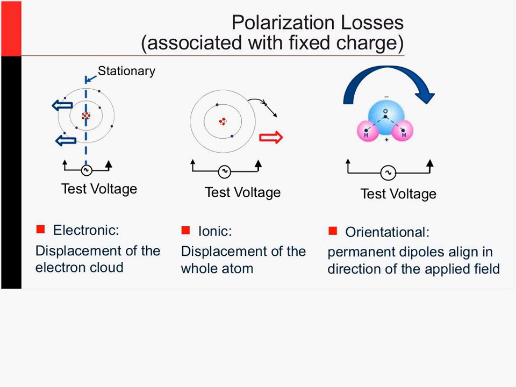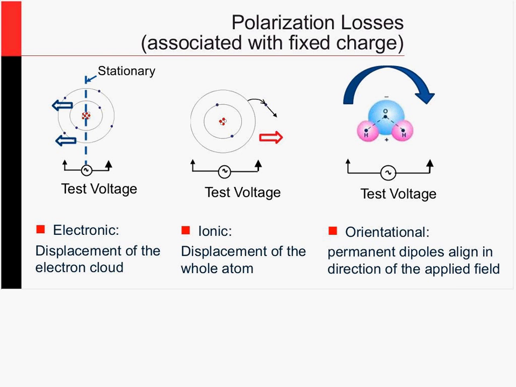The 5 processes of polarization can be divided further into those that are associated with fixed charge and those that are associated with mobile charge. So the first 3 that you see on the slide right now are those associated with fixed charge.